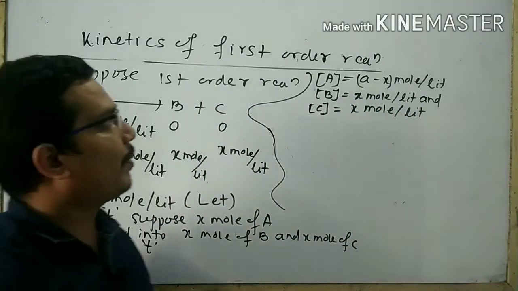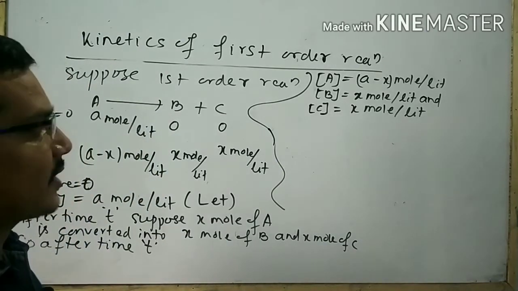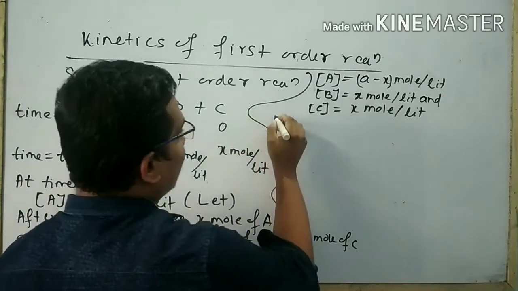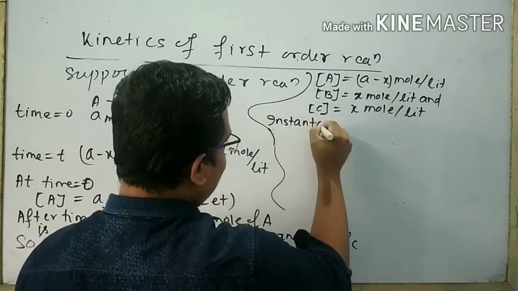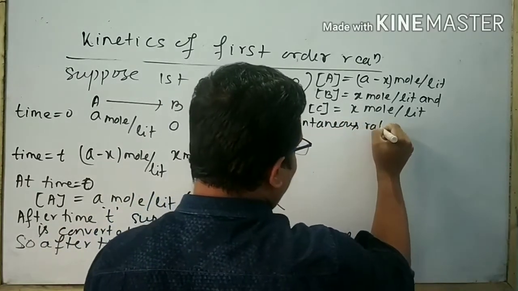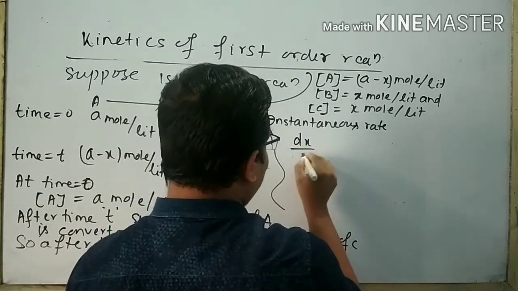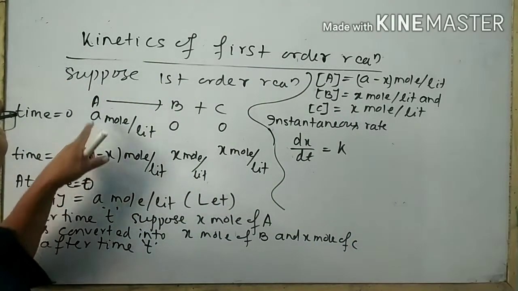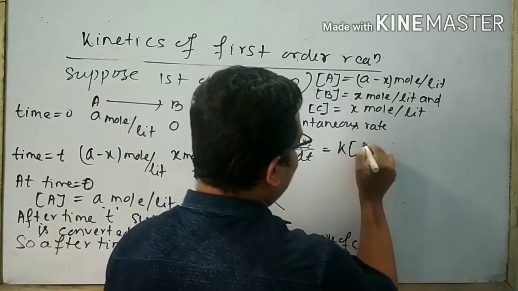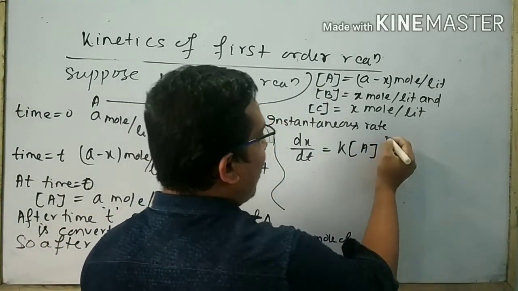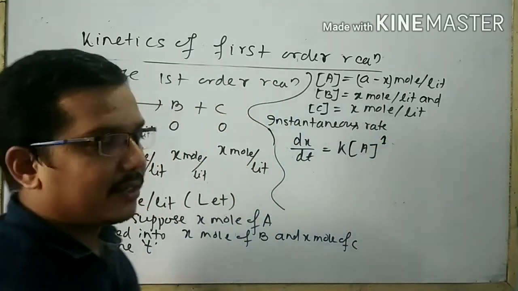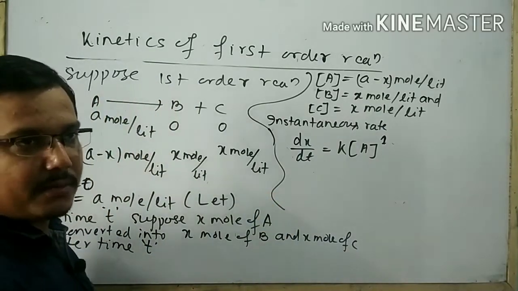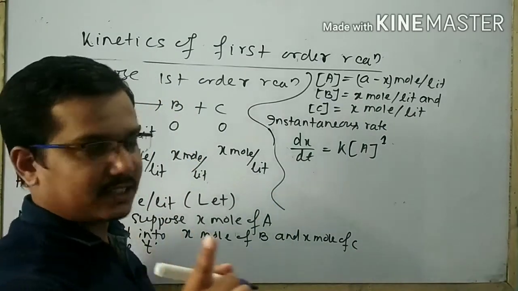According to the definition of first order reaction, the rate of reaction depends upon the concentration of one reacting species. So the instantaneous rate, that is dx by dt, equals k into the concentration of the reactant, that means the concentration of A. Here power 1 is written because this is a first order reaction and the rate depends upon the concentration of one reacting species.